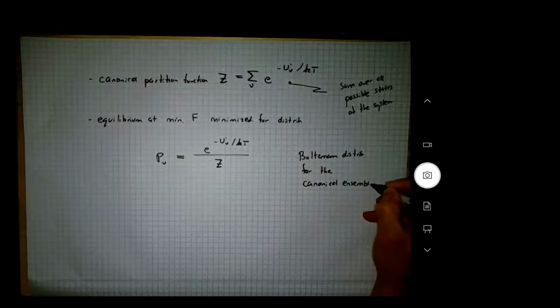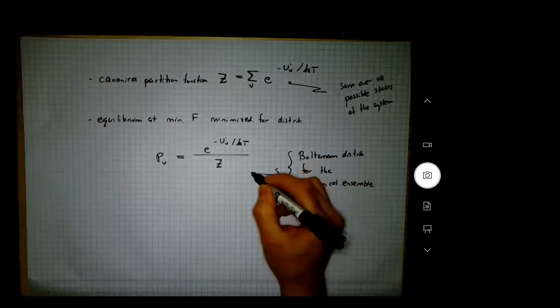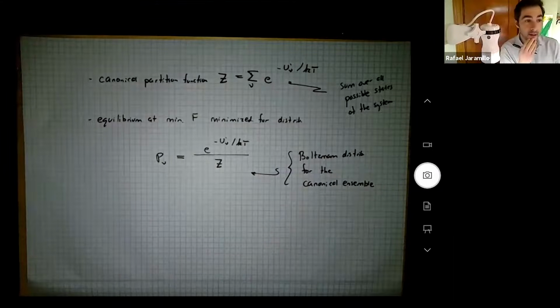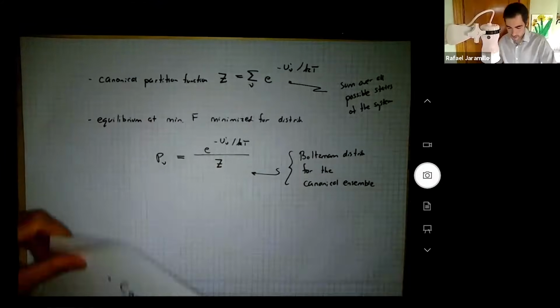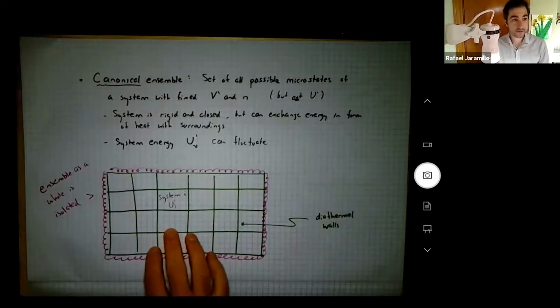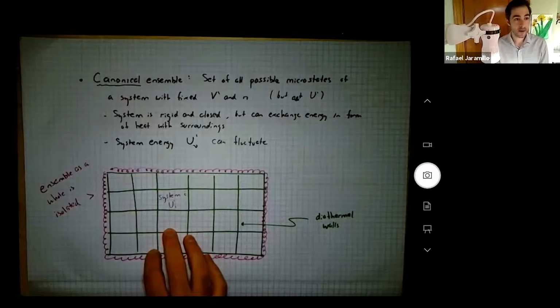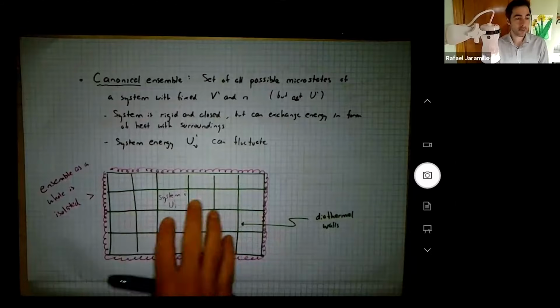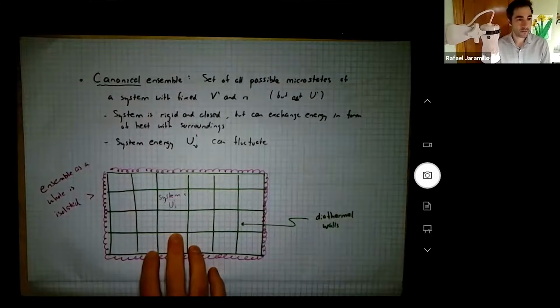So in this case, what was it that you held constant? This is equilibrium at fixed temperature, right? When you have an ensemble of systems that can't exchange volume and they can't exchange particle number, but they can exchange heat energy, they reach equilibrium when their temperature becomes constant. That's thermal equilibrium. And so that's what we've done here.